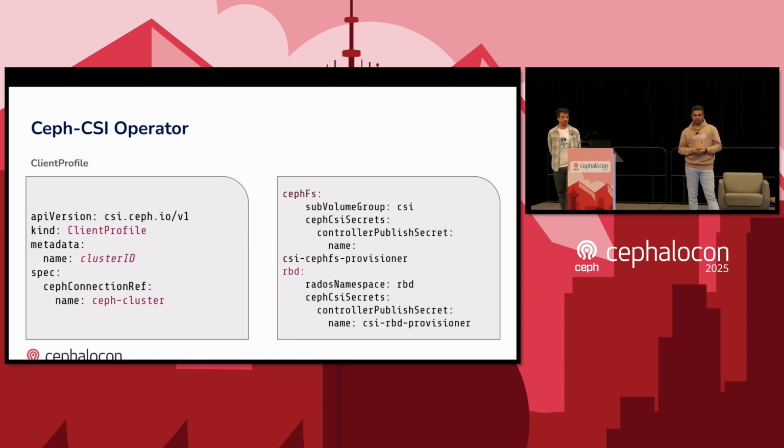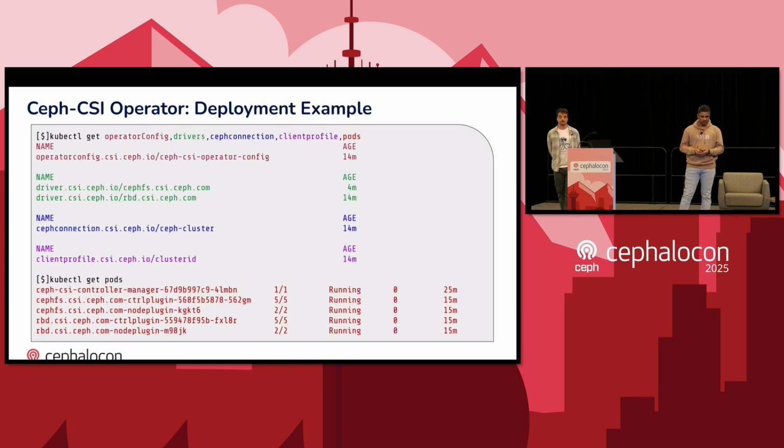Later on, it can allocate a subvolume group for specific cluster IDs, and a RADOS namespace for RBD as well. Then this cluster ID will be used in the storage class. That's it. Then the users can start creating PVCs, which will go to the respective subvolume group or the RADOS namespace.